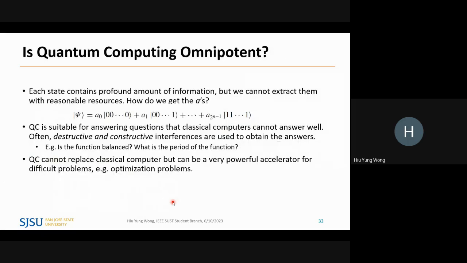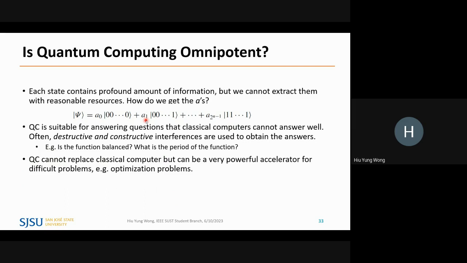So that is the final slide of this talk, right? We're sure that quantum computing has a lot of information, a lot of coefficients here, but we cannot get them. 2 to the power 30, 2 to the power 300 compressed coefficients. How can you get this?